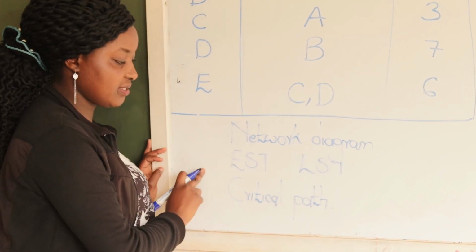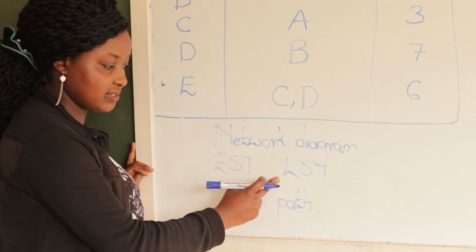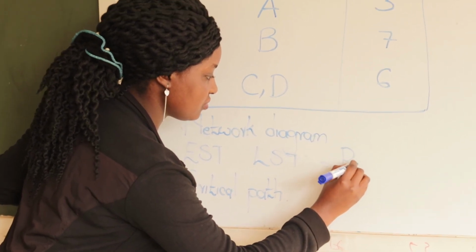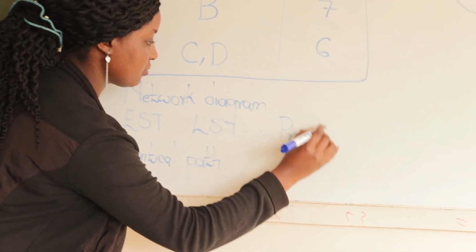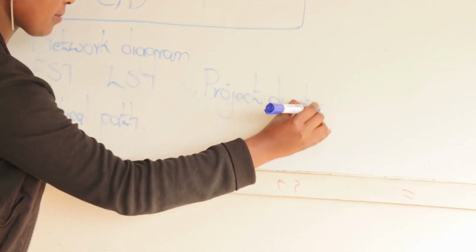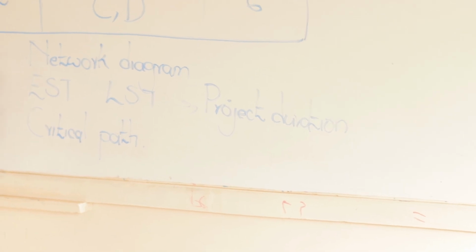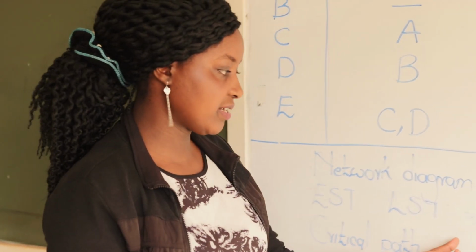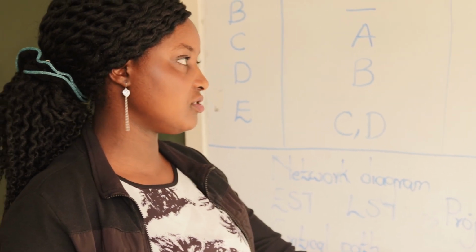In determining the early starting times and late starting times, we'll get to our project duration. So far, we've already drawn the network diagram, so we are going to the next part of determining the project duration.